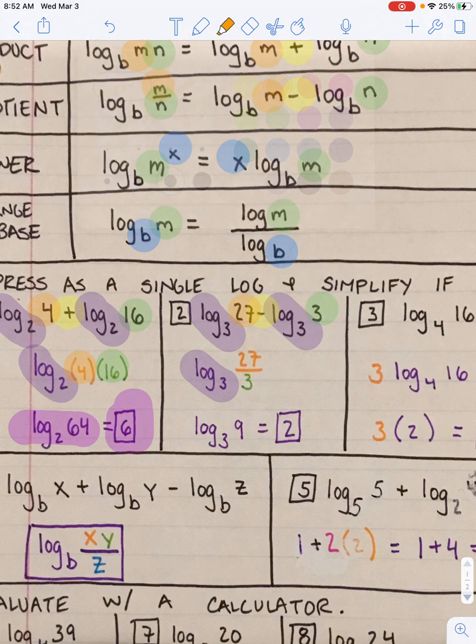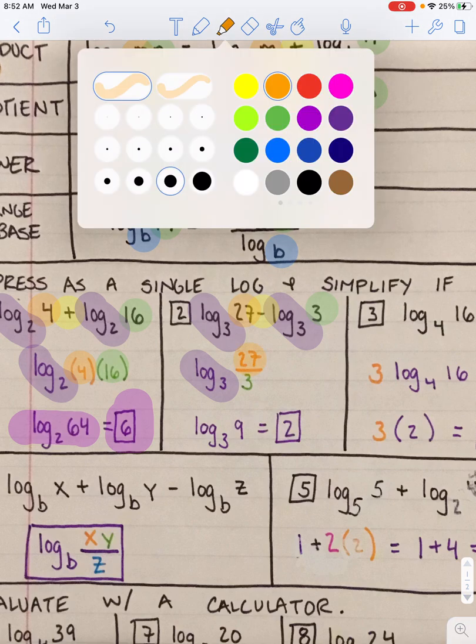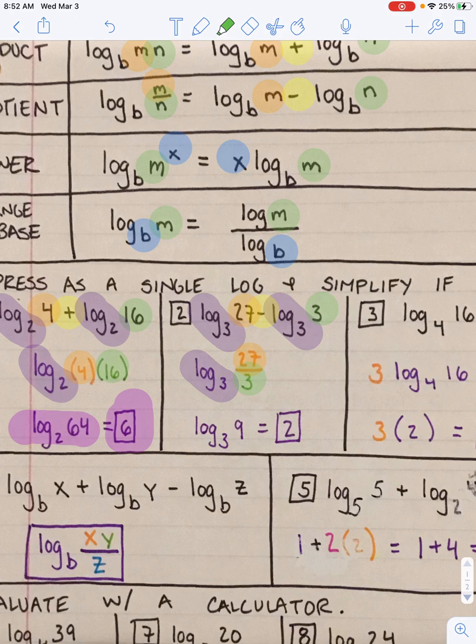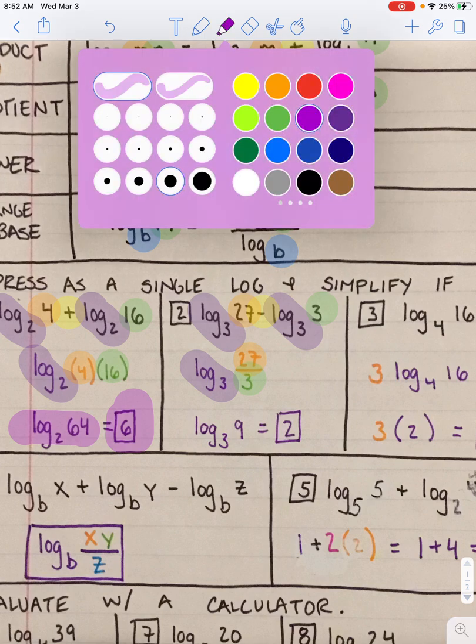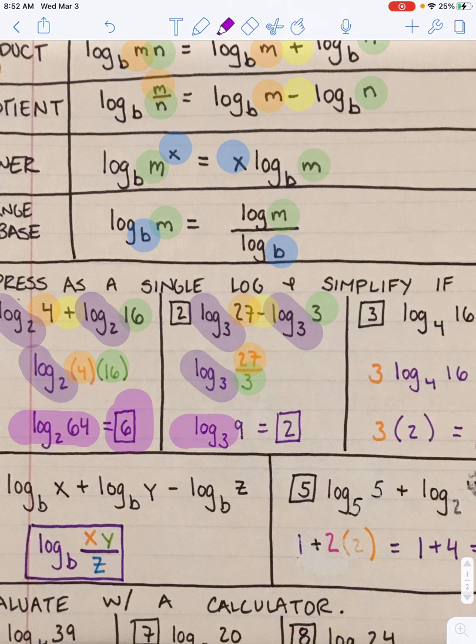So 27 divided by 3. So when we take 27 and divide it by 3, we get 9. So now we have log base 3 of 9. So 3 raised to what power gives us 9? Well, 3 times 3 is 9, so our answer is 2.